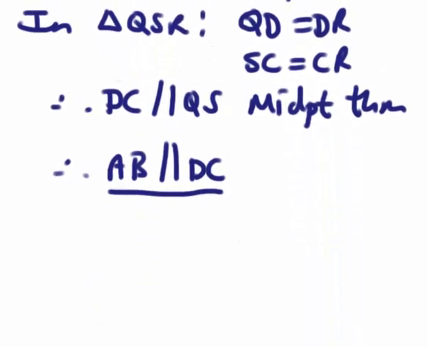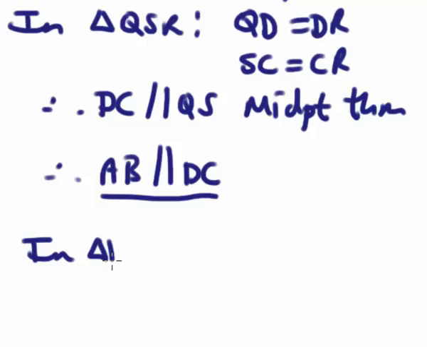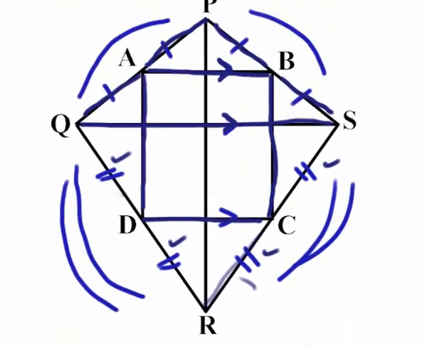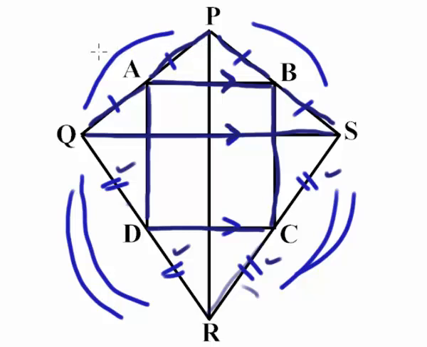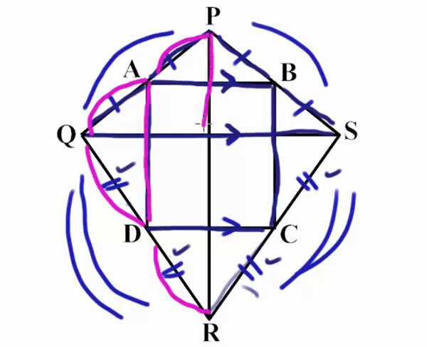In PQR, we've got PA is equal to AQ and QD is equal to DR. So automatically that is parallel to this side here. Okay, so those are parallel.